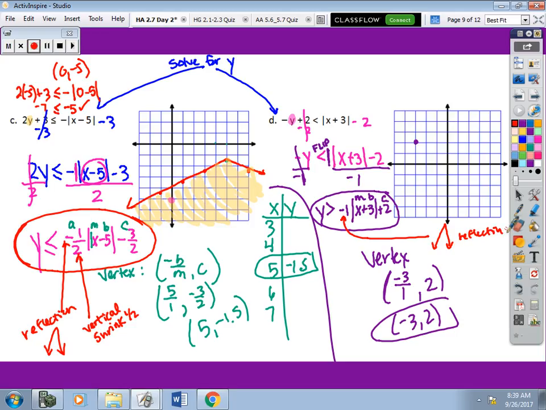And if you notice, the stretch is a 1, the slope is a 1, so you can just do your 1 up, 1 over 1. In this case, it'll be down 1 over 1, because the v has to face downward. And I'm glad Abby corrected me, because now I will have a correct dashed line here. And we did flip it. Make sure you look at that final symbol, which is a greater than.